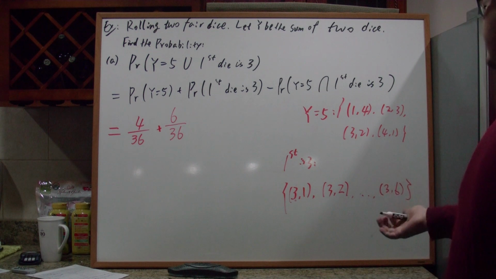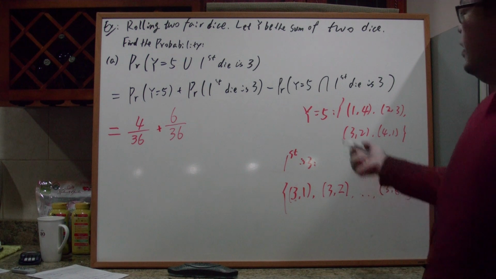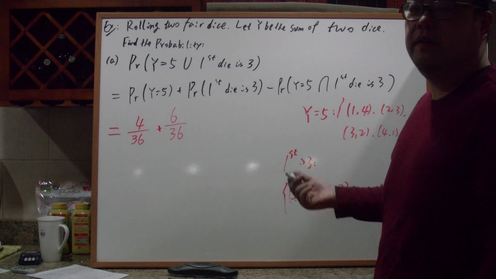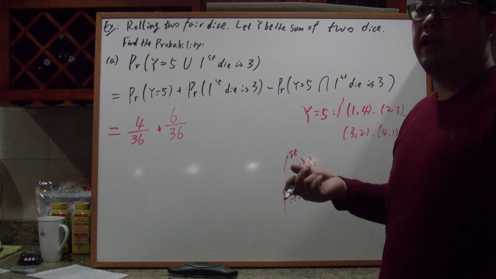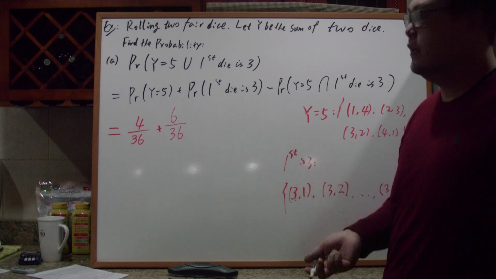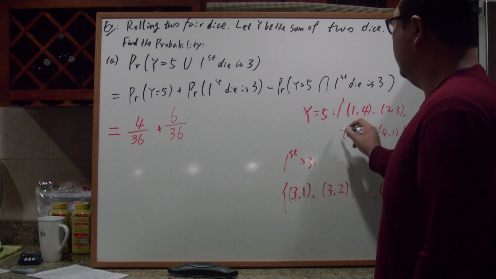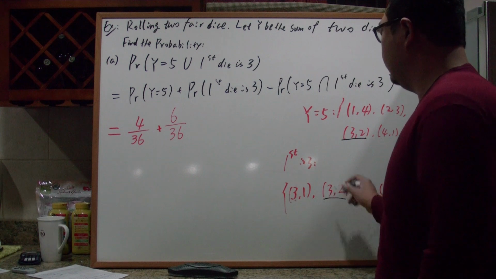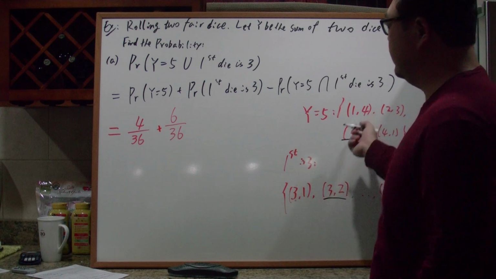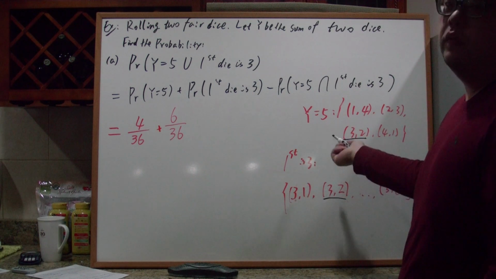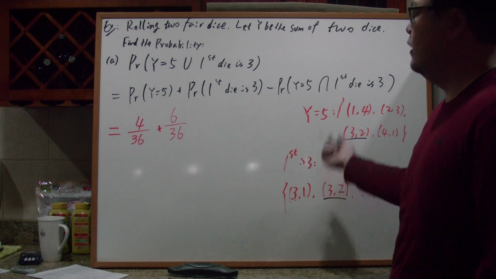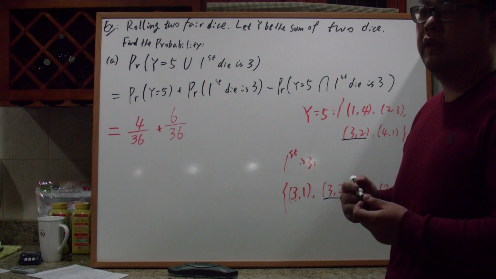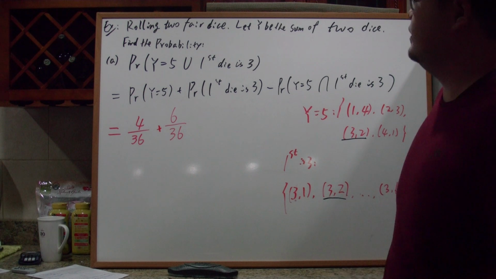And the one extra thing is, well, do we have anything overlapping? To make the sum 5 as well as the first die being 3, we actually have only one case, that 3, 2, right. The first die lands on 3 as well as the sum of them gives us a 5. So that's one case.